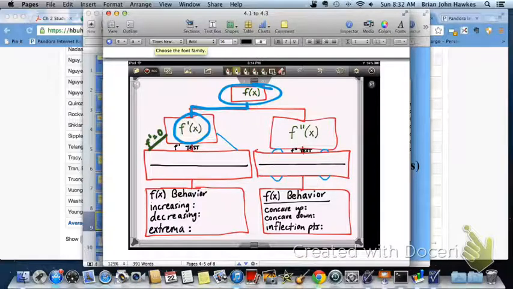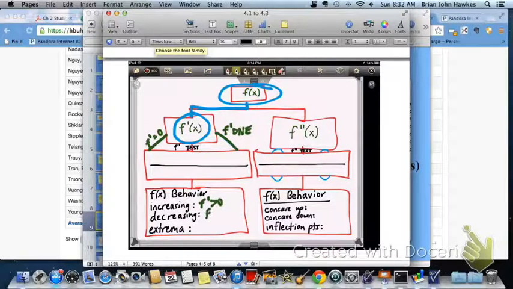Then coming down here, we find other critical points of the graph of f when f prime does not exist. Then we perform the f prime test to determine the intervals on which f prime is either positive or negative. Based on our f prime test, when f prime is positive, we know that f is increasing.